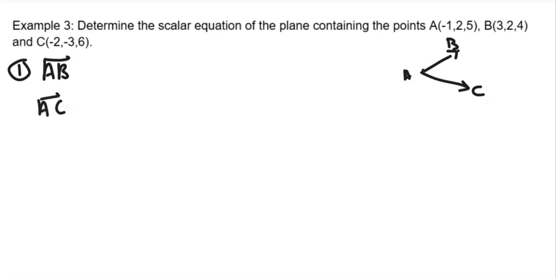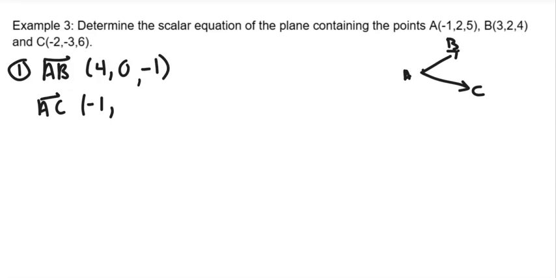Let's find direction vector AB. From 3 to negative 1, that's 4. From 2 to 2, that's 0. From 4 to 5, that's negative 1. AC: from -2 to -1, that's -1.